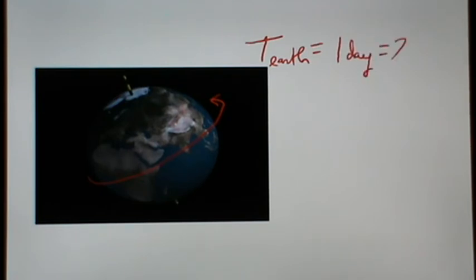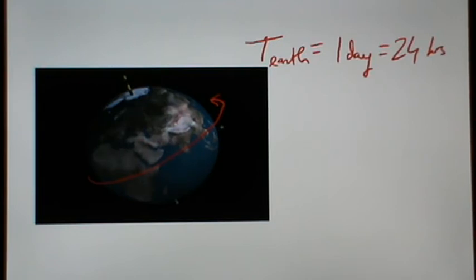The Earth also has a period for its rotation, and the period here of the Earth is 1 day or 24 hours for its rotation.